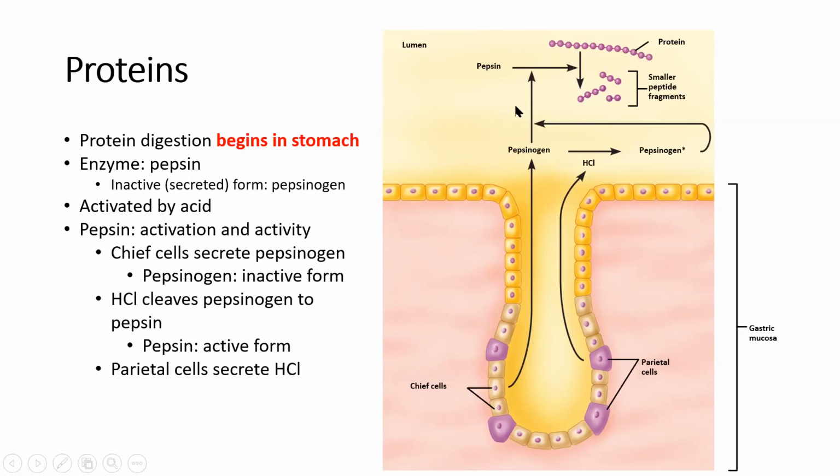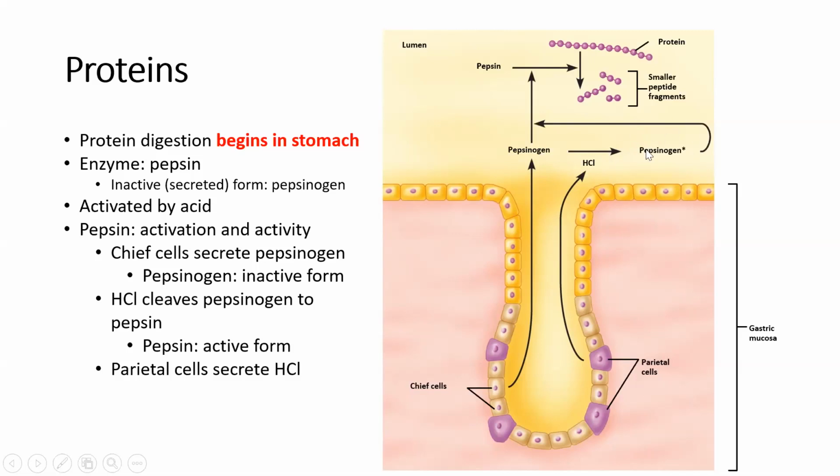So the pepsinogen that's secreted, remember this suffix gen is indicating that it is in the inactive form. That must be activated by the presence of hydrochloric acid. So hydrochloric acid, and to a lesser extent, already existing pepsin.